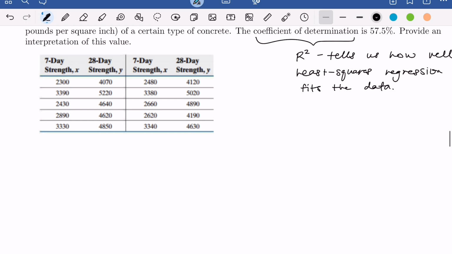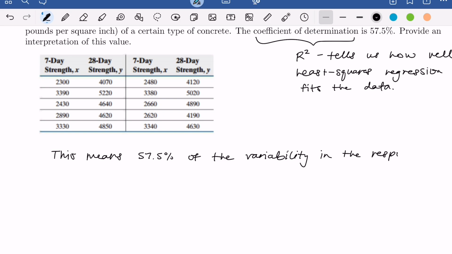So we'll write that here: this means that 57.5% of the variability in the response variable is explained by the least squares regression line.